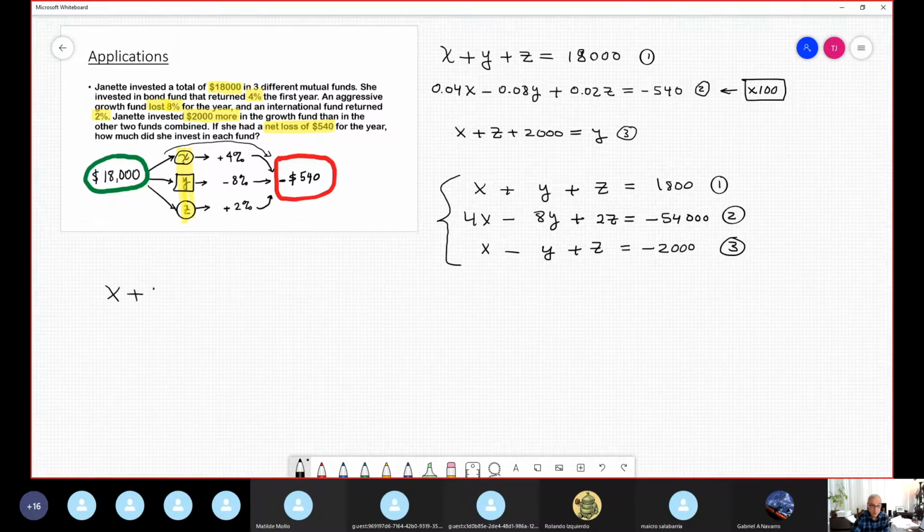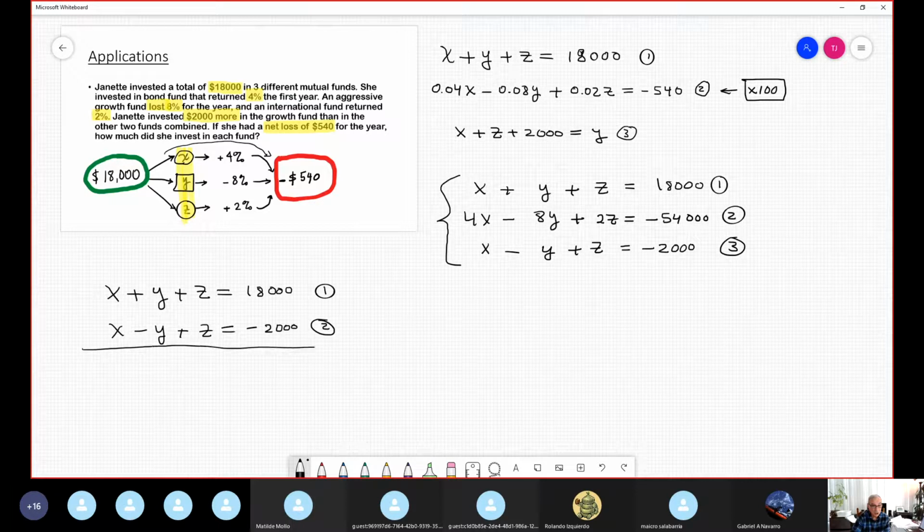X plus y plus z equal 18,000. I forgot 1 zero here, right? Look, I copied. Equation 1. And equation 3 is x minus y plus z equal minus 2,000.